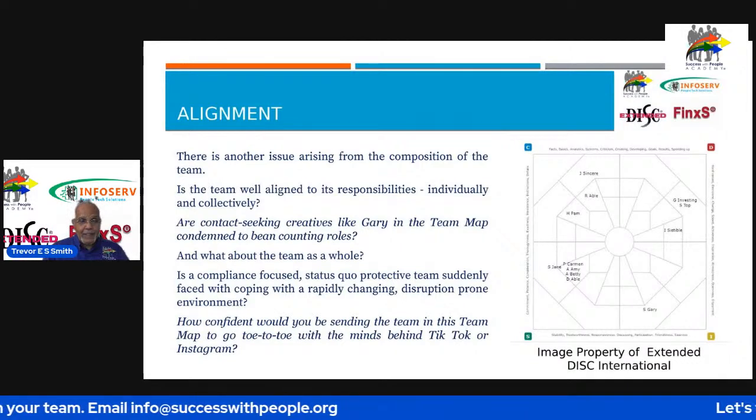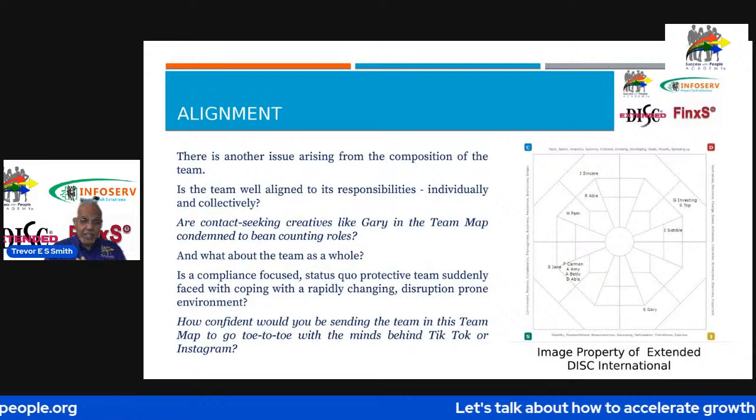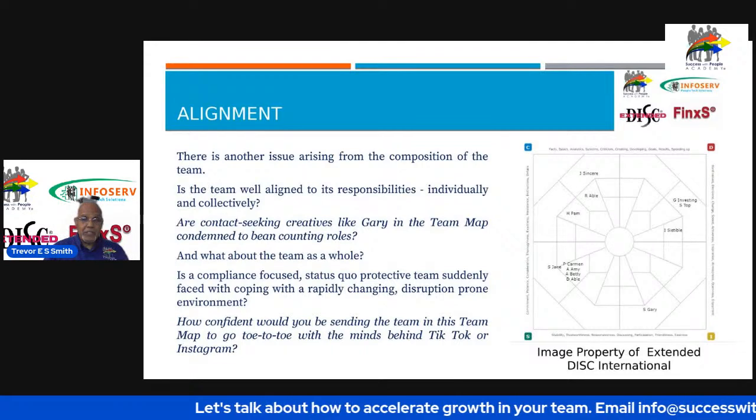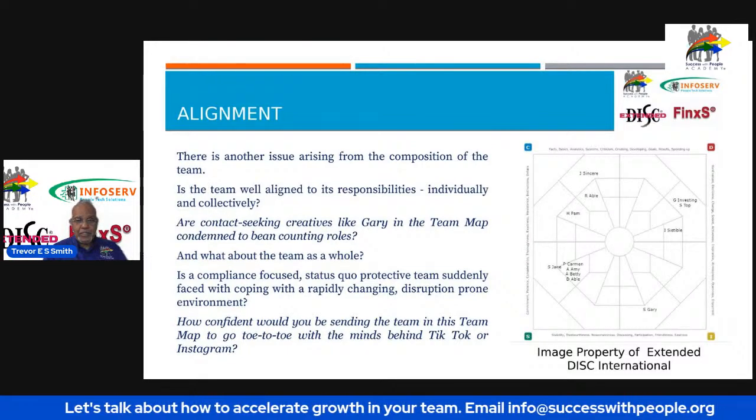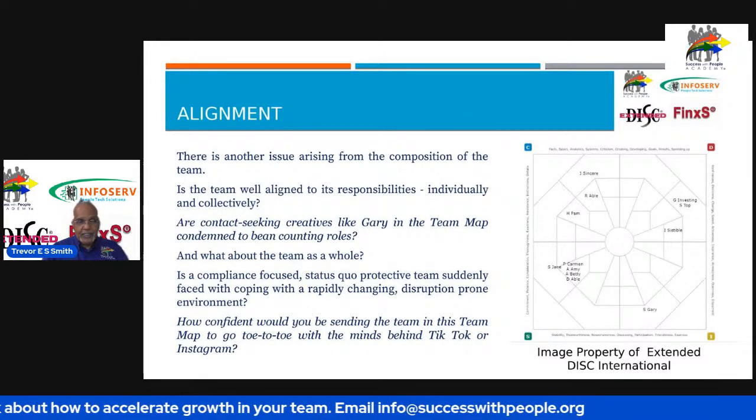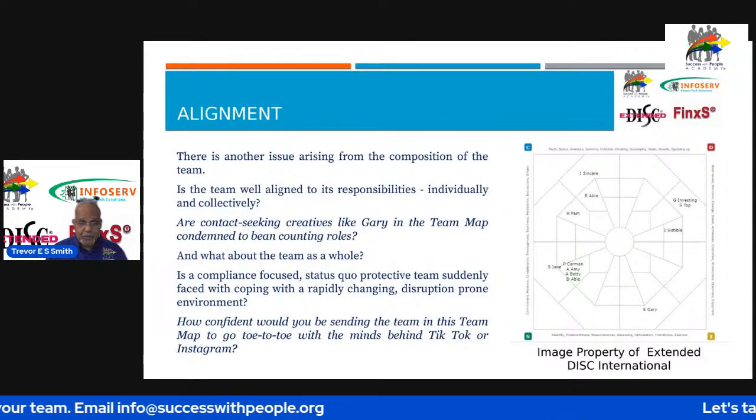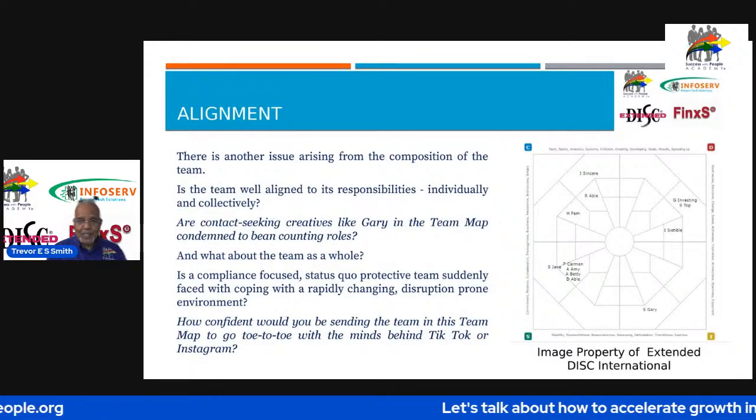So as a coach, I would want to look at this team and say, okay, this is the team you have. I would want to coach them in things like change management, resilience, innovation, creativity, how to disrupt, basically, and how to defend yourself against disruptive elements.